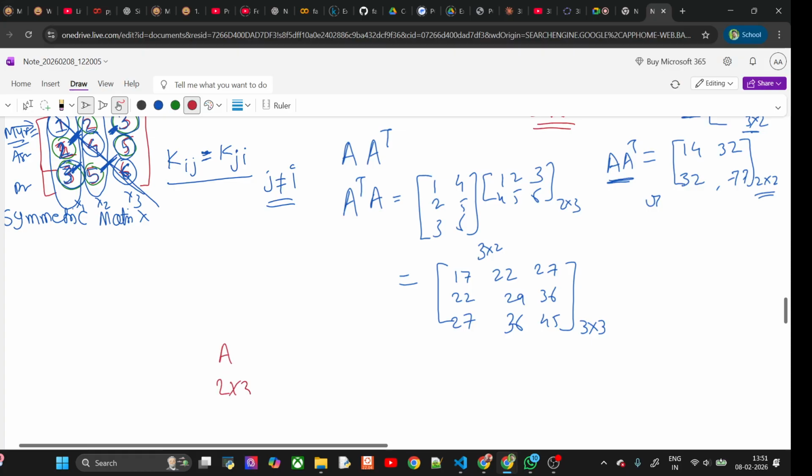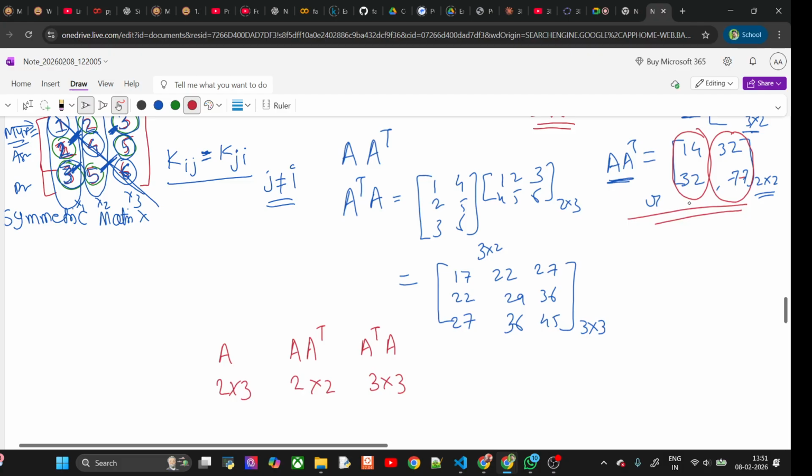You converted it to A into A transpose, which is 2 cross 2, a symmetric matrix, and A transpose A, which is 3 cross 3, and this is also a symmetric matrix. And whatever A into A transpose you have calculated, 14 32 32 77, what is this?